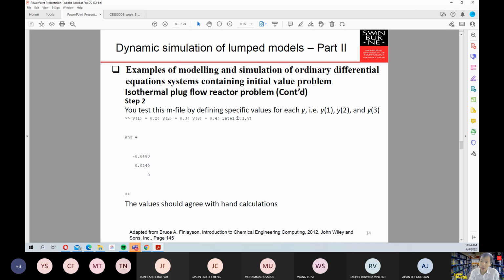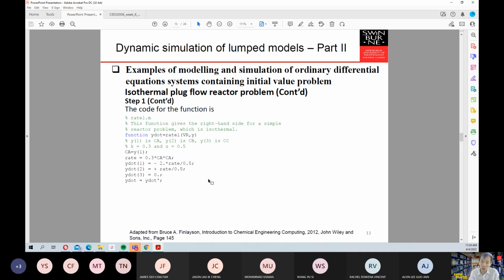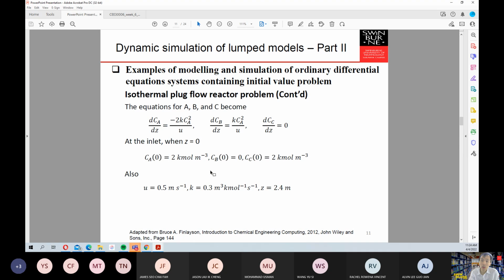So you test this value by specifying the value of the CA, CB, and CC. So for example, for this particular value of the CA, CB, and CC, you calculate this value, rate, with 0.1, Y, because your VR, for example, you assume that this one is 0.1. You cross-check with the hand calculations. Does it match with the value when you put in this thing?